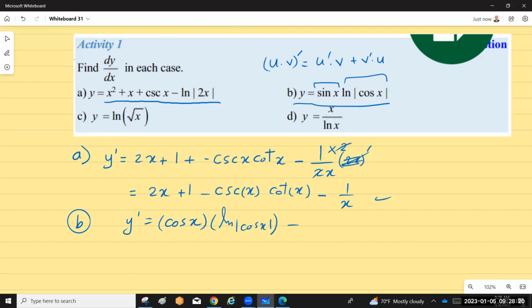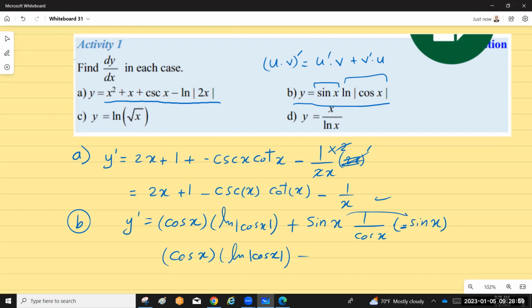Plus, keep sine x this time and derive len cosine, which is 1 over cosine x times the derivative of cosine, which is negative sine x. So the answer: you can write len absolute value of cosine x. We always take the absolute value of the function in front of len to be sure that this number is positive, since len is defined only for positive numbers. And this is minus because you have a negative sign here. Multiplying sine by sine gives sine squared x over cosine x.